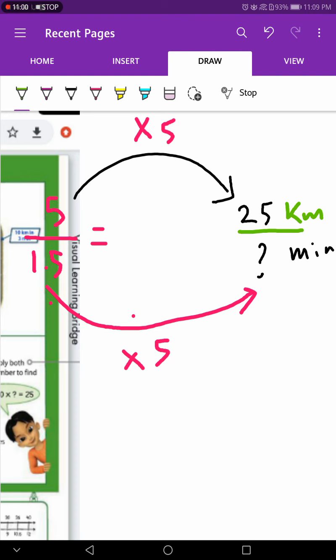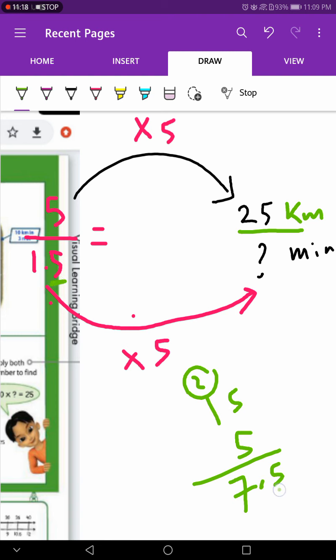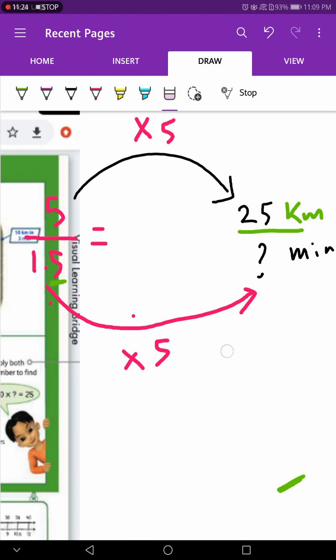I said you multiply without the decimal point. 5 by 5, 25. 5 by 1 equals 5, plus 2 equals 7. And see the digits: we have one digit after the decimal, so we leave one digit after the decimal, so it is 7.5. Or you can add it 5 times, it is 7.5 minutes.